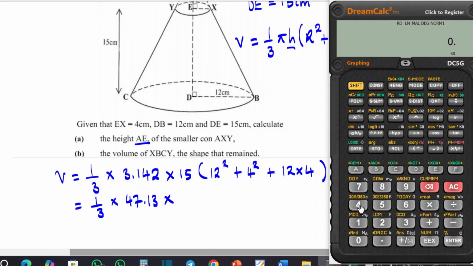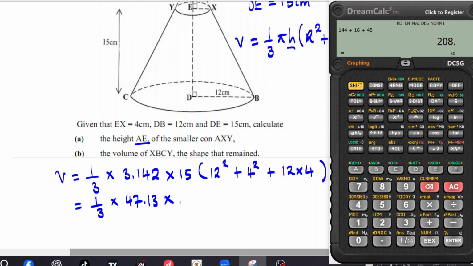Then 4 squared is 16. Then 12 times 4 is 48. So we have 144 plus 16 plus 48 equals 208.